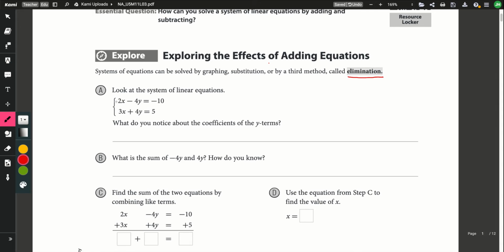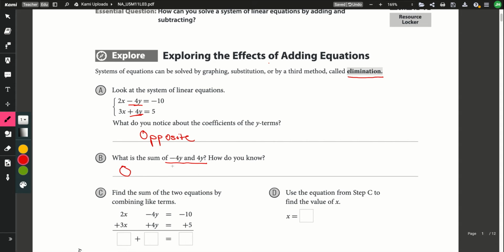When you look at these two linear equations, what do you notice about the coefficients of the y's? They are opposites, right? You have negative 4y and positive 4y. So what do you get if you add negative 4y and positive 4y together?